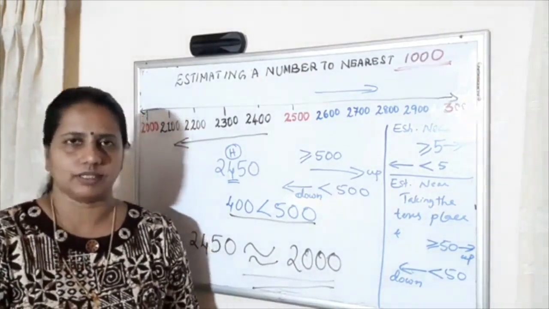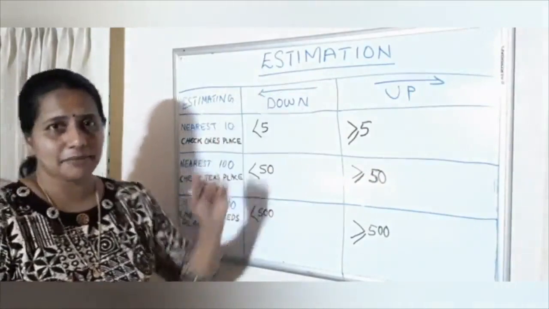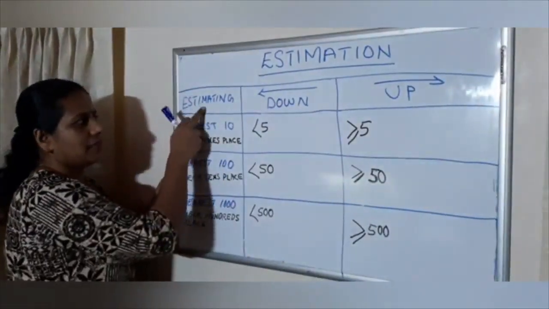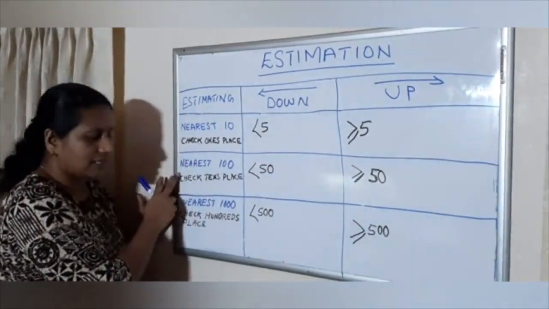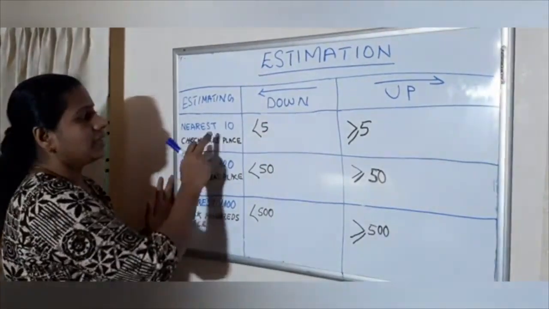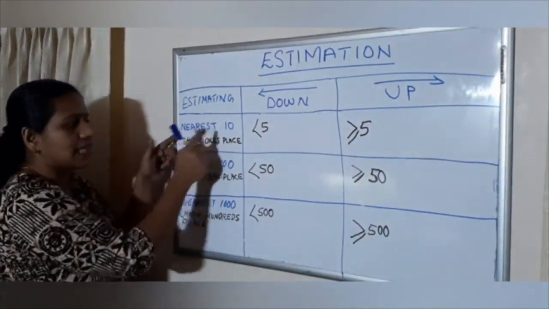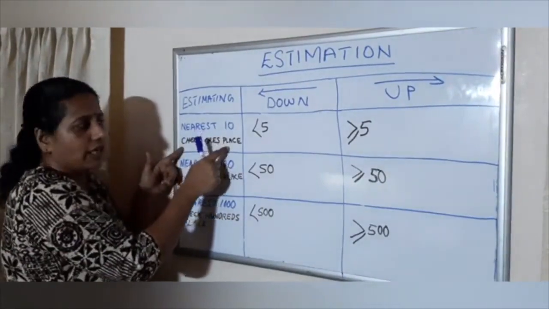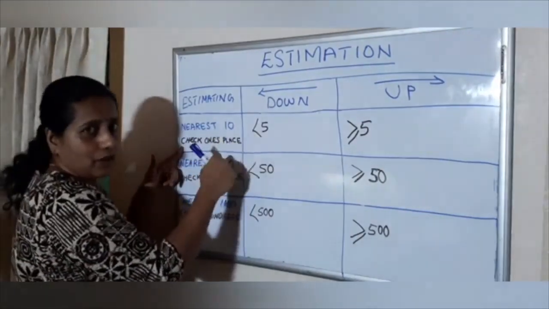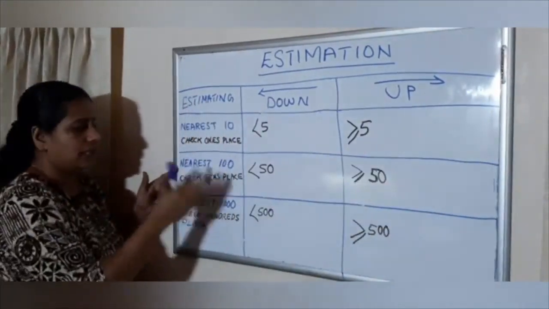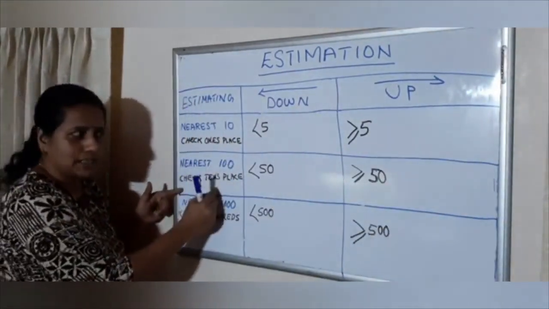Okay, when we are estimating to the nearest 1000, next this is our estimation chart. In this chart, estimating to the nearest 10, nearest 100 and nearest 1000. At first, nearest 10 means we have to check the ones place. Less than 5, round it down, and greater than or equal to 5, round it up. Similarly, nearest 100, check the tens place.